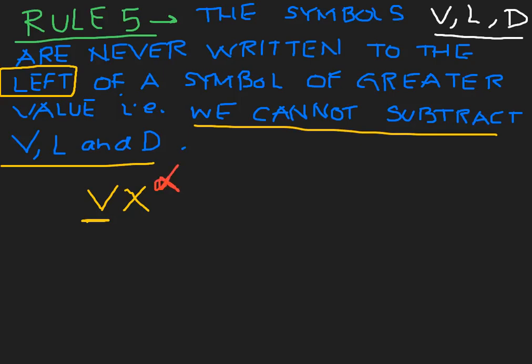One more example: if I write a symbol L and to the right of it I write symbol C. Since C is 100 and L is 50, L is smaller and C is bigger, so this I also cannot write.